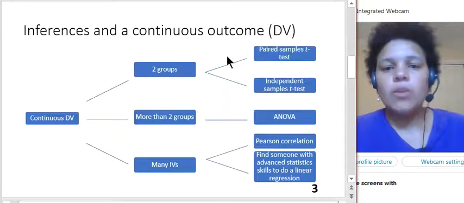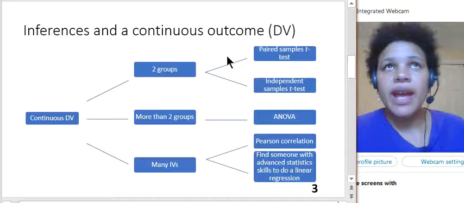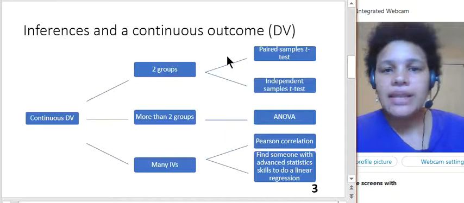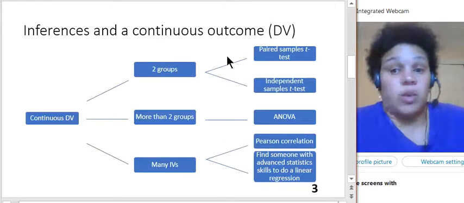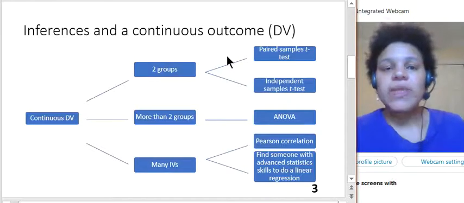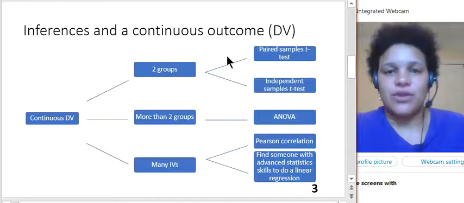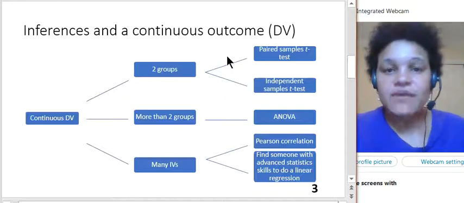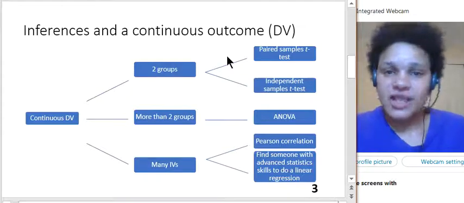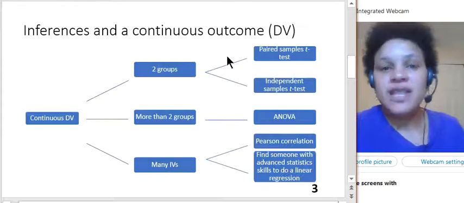One student was wondering, if I give my class a pre-test and a post-test, isn't that just one group? Because they're all the same kids. Actually, it's two samples or two groups of scores. There's the pre-test group of scores and the post-test group of scores.